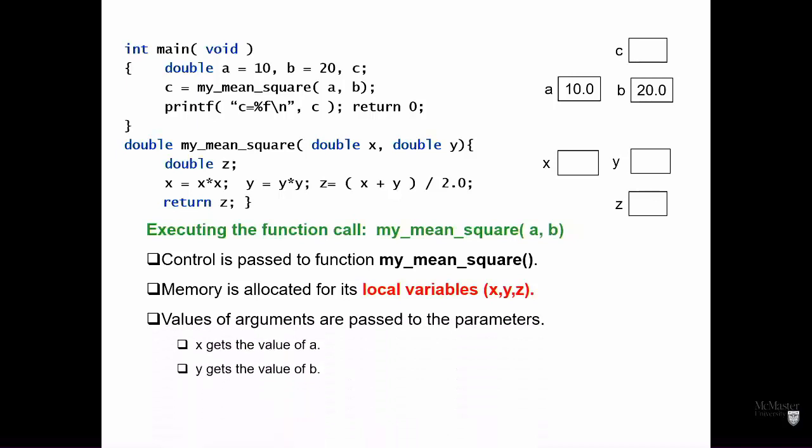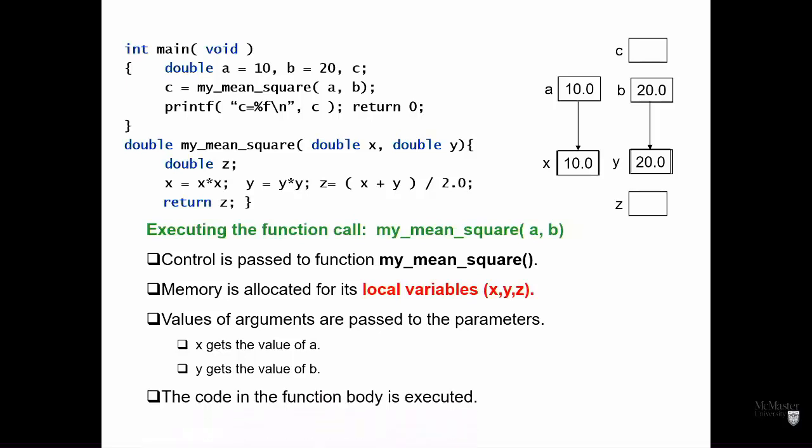And then in calling the function, the value itself will get copied from a to x, and then from b to y, right? Not from a to y. For example, why not y is 10 and x is 20? This is the order of your parameter passing input, and this is very important to know, right?